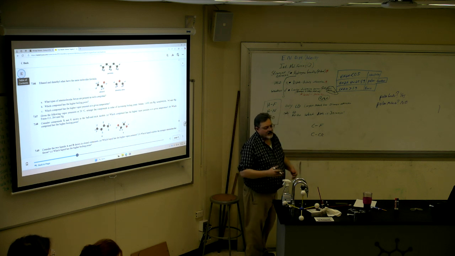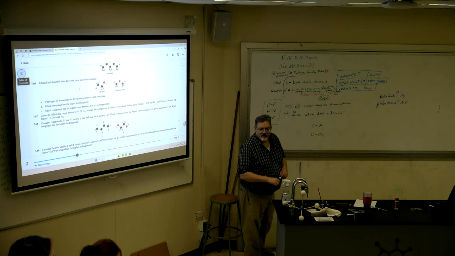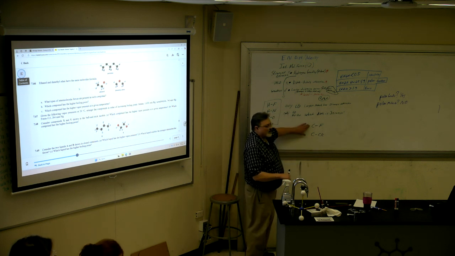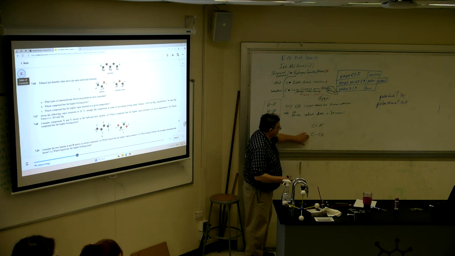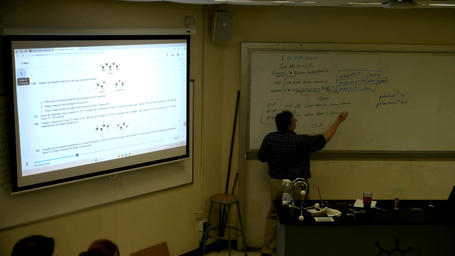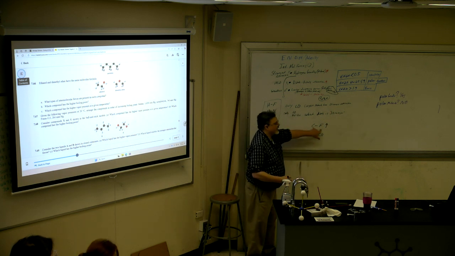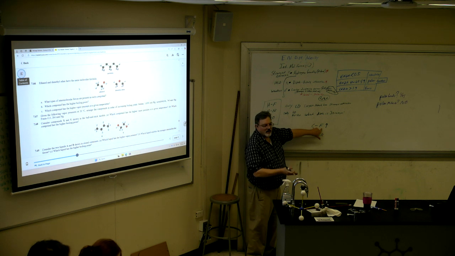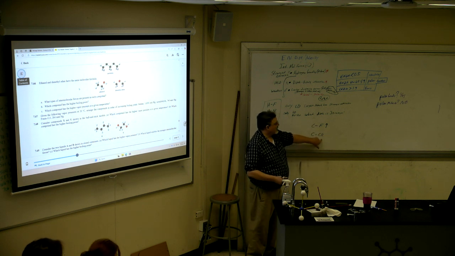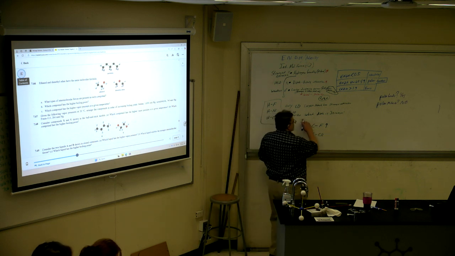Other than that, they're both the same size, they're both the same everything else. You'll find if you do the electronegativity difference, this one is going to have a larger electronegativity difference, that is polarity, than this one. So then you compare which dipole is stronger.